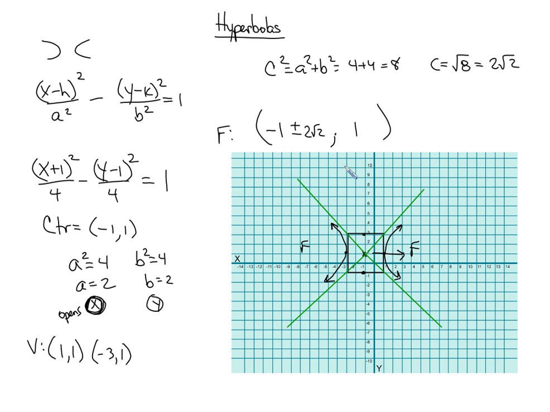Now, where the method I showed you really is going to come in handy is when we write the equation of these things. So let me just do a quick example of that for you. What happens if they tell you that you have an ellipse where the center is at 3, negative 5? Actually, let me tell you this.